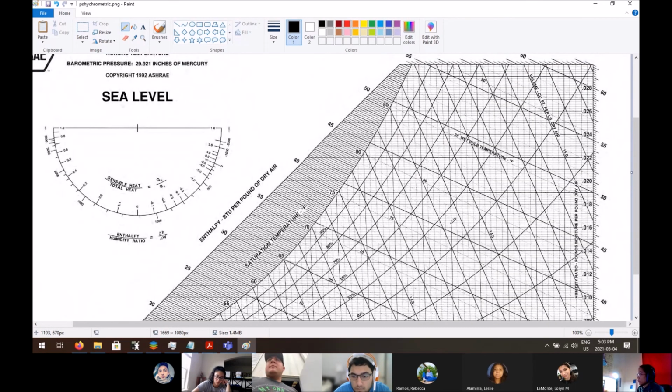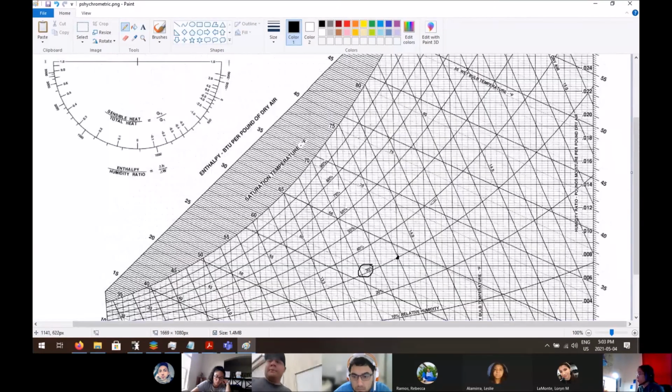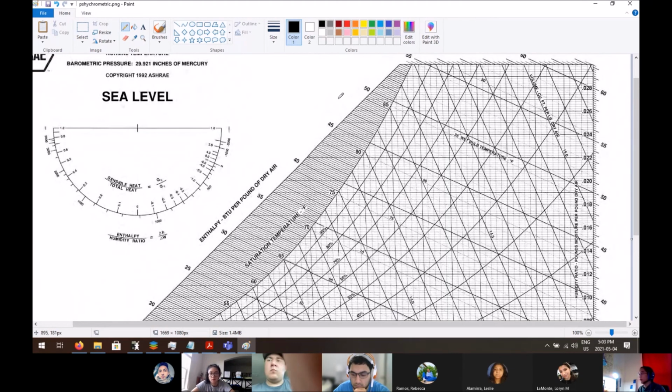What we can do is now we can start finding wet bulb temperature, right? So if we sort of remember the little sock thing, we fully saturate a thermometer in water, and then let the water evaporate by adding a little bit of energy to it. You sort of get this wet bulb temperature, right? Which is measured with these lines right here, right? So you have this line right here, and these lines are normally just all parallel to each other.